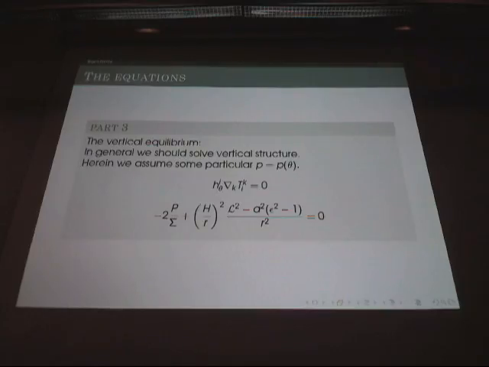For example, if we assume some particular profile of pressure in terms of vertical coordinate theta, then using that form of vertical equilibrium, you can get some formula which lets us calculate disk thickness h in terms of the other quantities that are there.